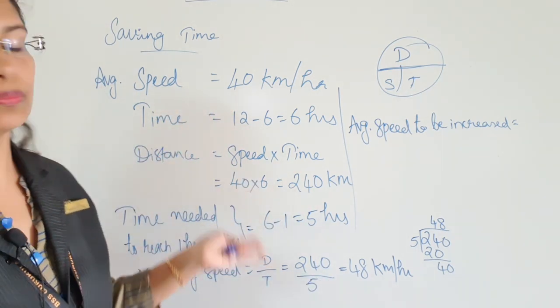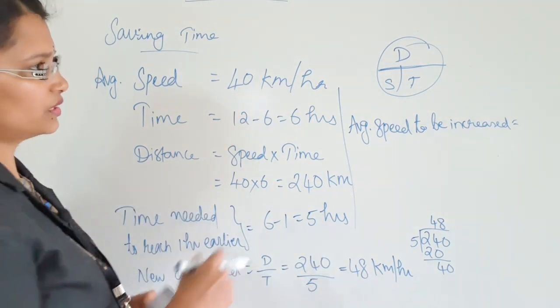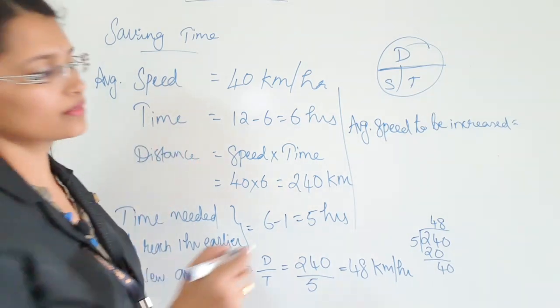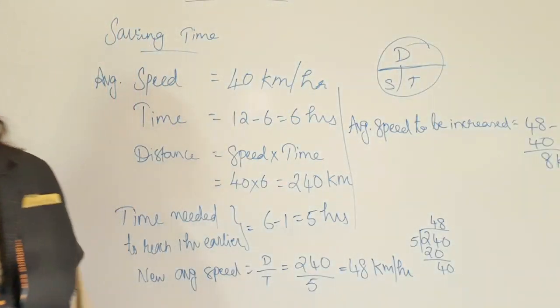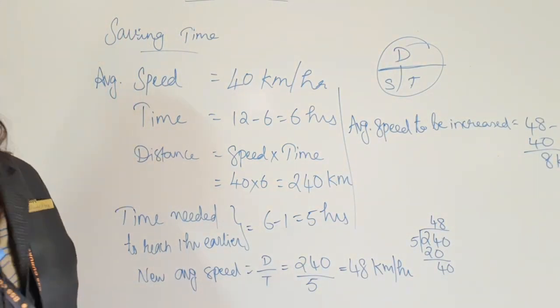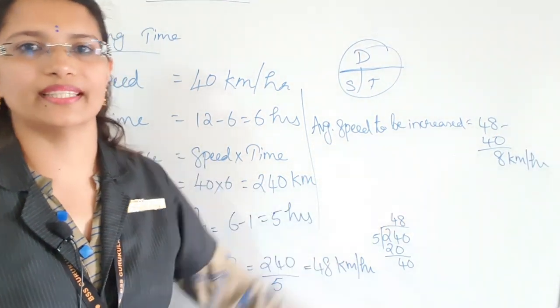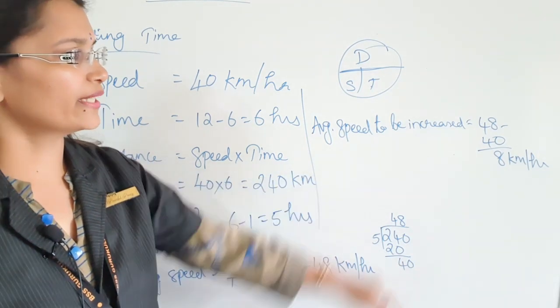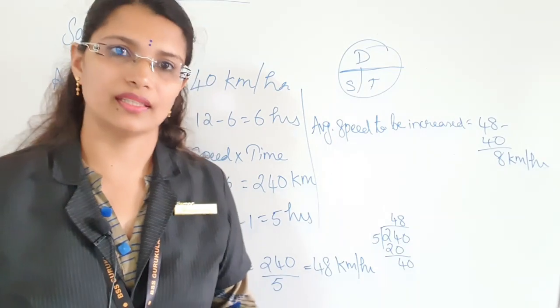So average speed to be increased, that means the difference between these two, 48 minus 40, is equal to 8 kilometer per hour. So average speed to be increased is equal to 48 minus 40 is equal to 8 kilometer per hour.